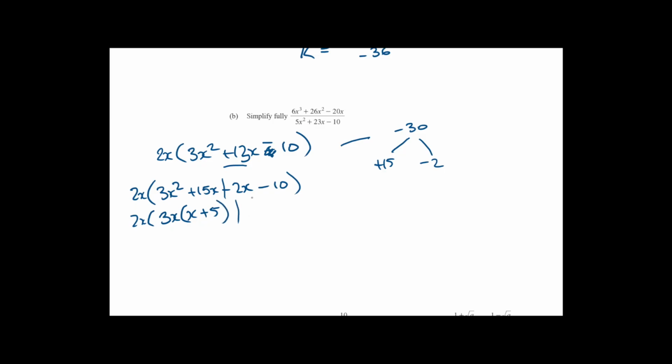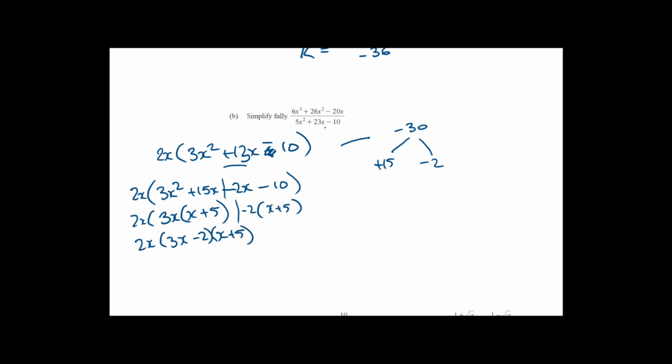And then for these ones here, if we have x plus 5 here, minus 2, because minus 2 times x is minus 2x, and minus 2 times 5 is negative 10. So this is going to be 2x, 3x minus 2, x plus 5.